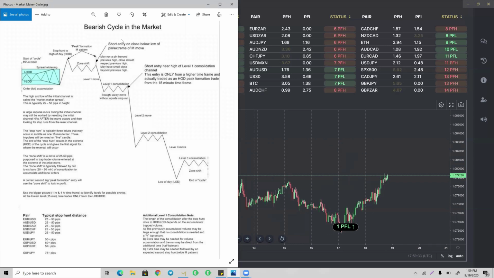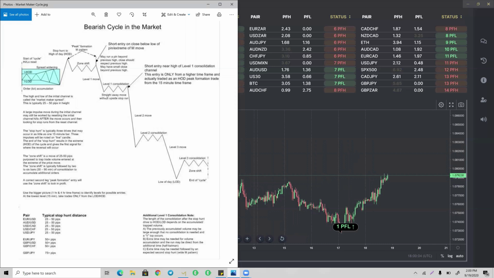And what Dashboard has done is eliminated years of trying to understand and practice and finally be consistent with the strategy, right? So for this example, I'll show you just how complex it is identifying a bearish cycle in the market. We have initial high of day, initial low of day, different order accumulations during the Asian session. You have stop hunts up and down to reset price targets, then zone shifts, then more stop hunts at the high.